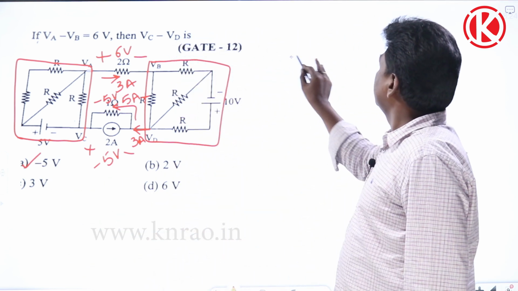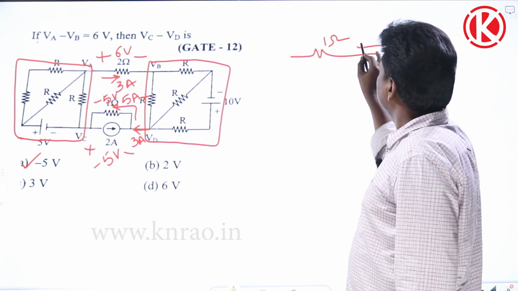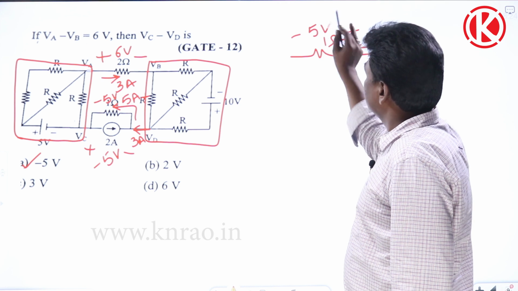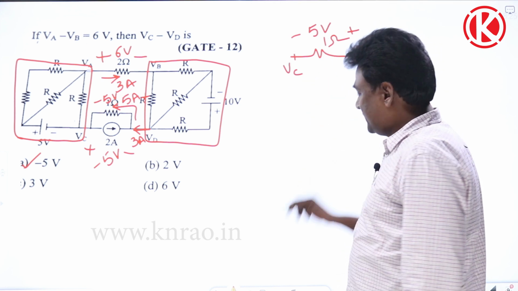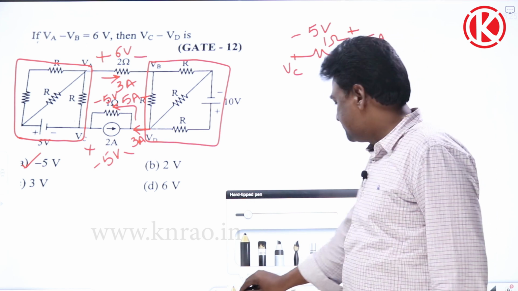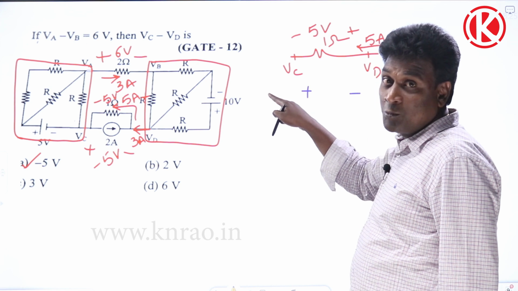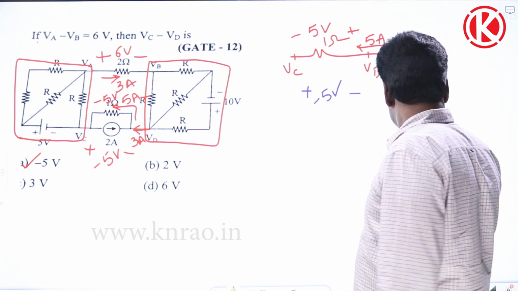Okay, you understand my point, right? See, this is 1 ohm resistance and 5 ampere current is flowing like this. So plus minus 5 volt will come. But this is VC, this is VD. They asked VC minus VD, meaning that plus minus. What is VC potential with respect to VD? Will give you minus 5 volts.